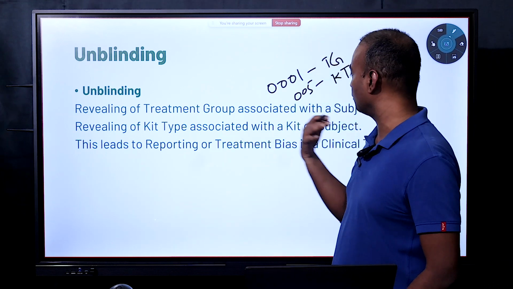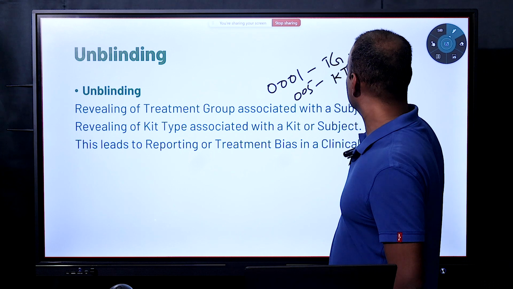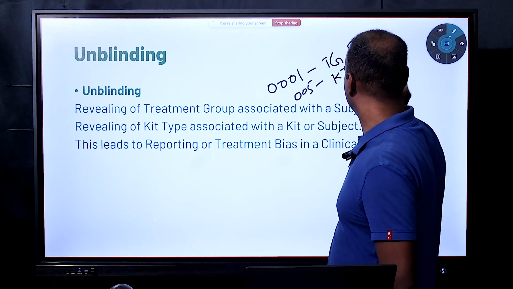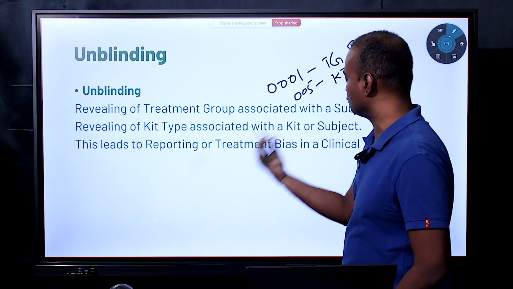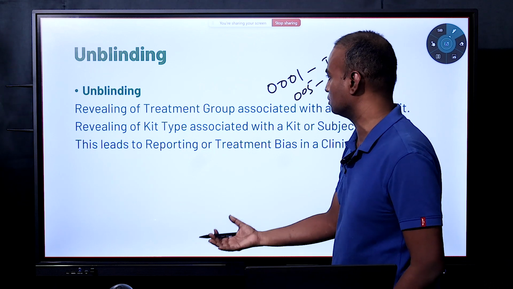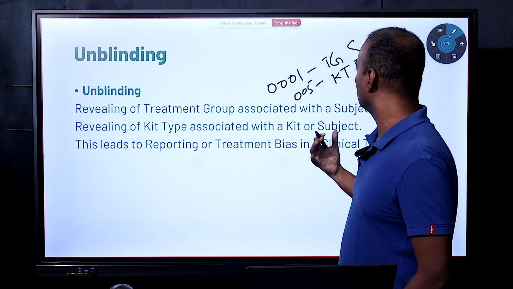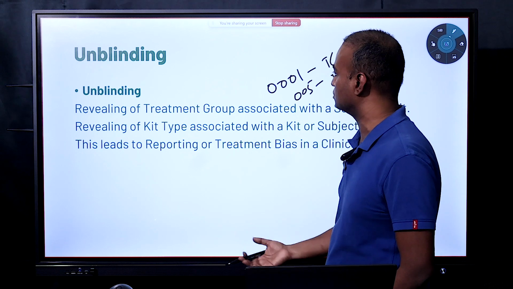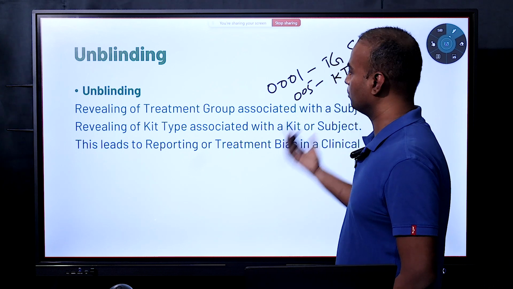Unblinding can be for a subject, or it can be for a kit. If you know to which treatment arm this subject belongs, then it is unblinding. And if you know to which kit type this particular kit belongs, then it is also unblinding.